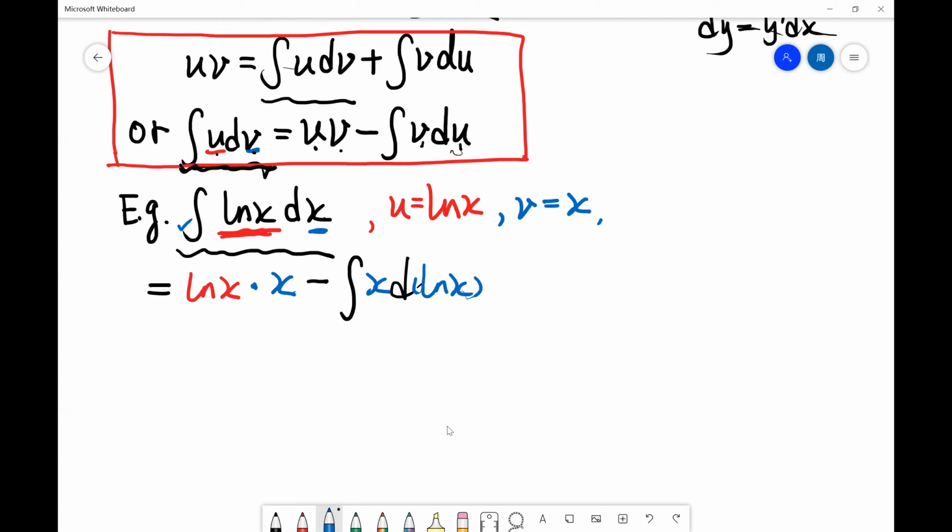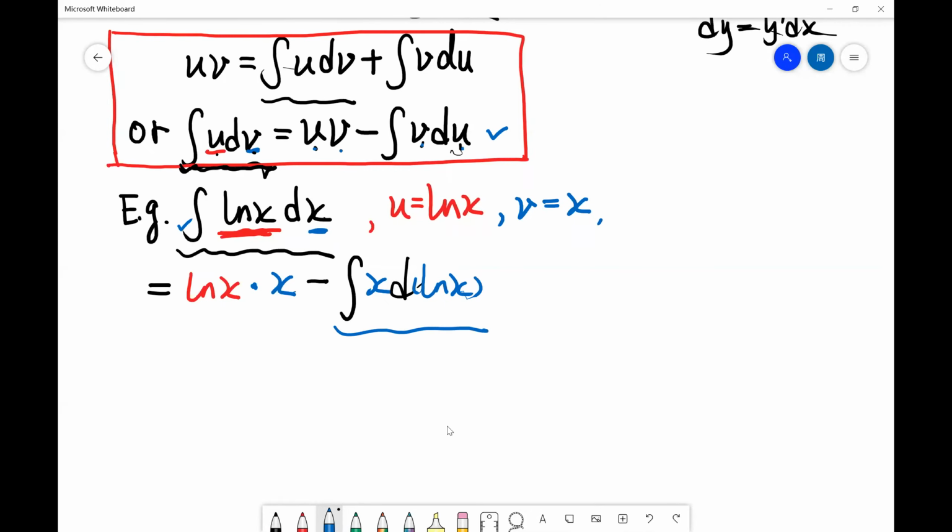So any questions for this step? Any questions here? No questions here? Okay, so we just use it. First, we choose U be ln x and V be x. Then we can directly use it to be ln x times x minus, we change the places of U and V here.